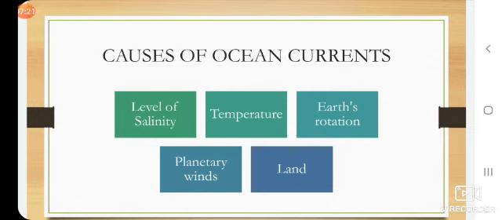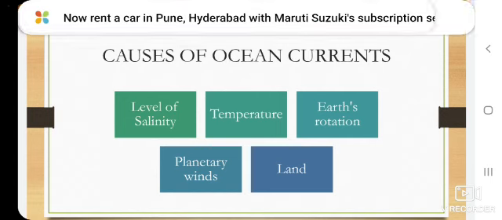Based on the temperature, the oceans near the tropics and the equator are much warmer than the ocean water in the polar or the temperate zones. So the warm water brings warm ocean currents, and the cooler water in the temperate and polar regions brings the cold ocean currents.